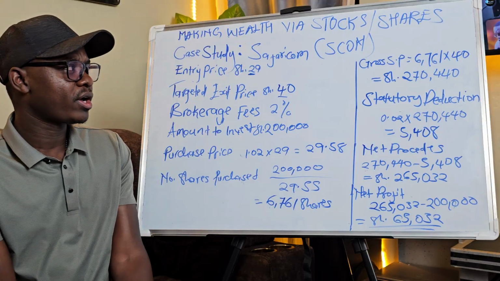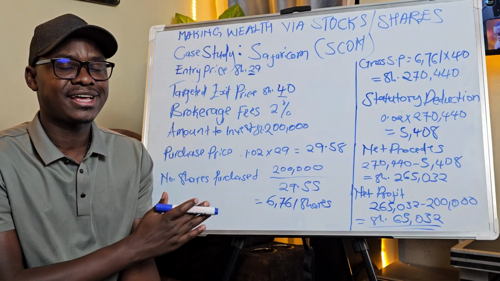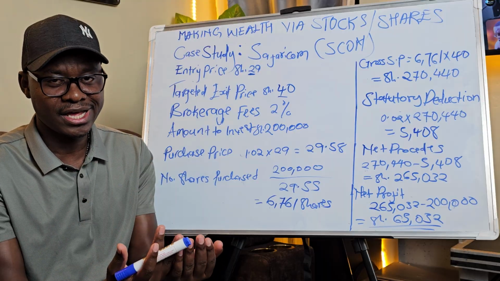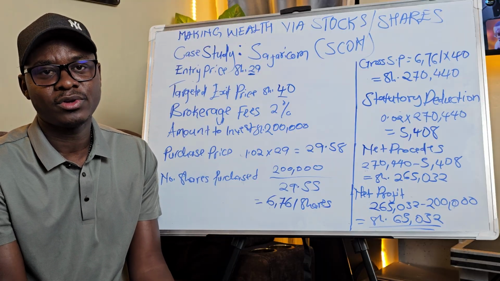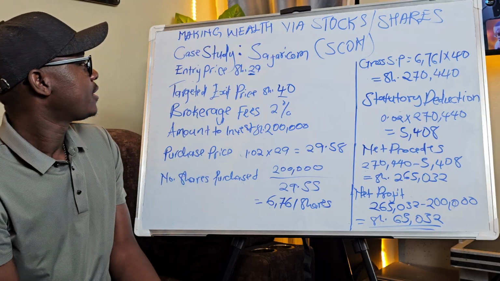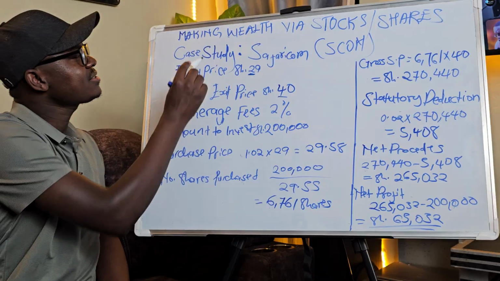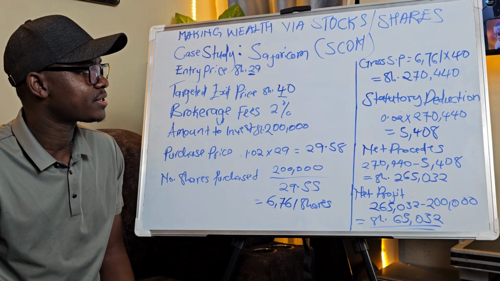Now, quickly, let's focus on that. Stay tuned and be careful with this. This is how we make real money. I'm not that selfish. I want to share with you the idea. At least maybe you will appreciate me for having shared this. So our case study here, we are going to use Safaricom for illustration purposes.